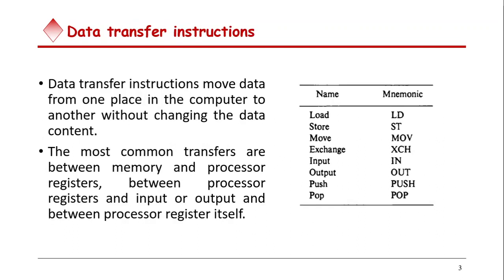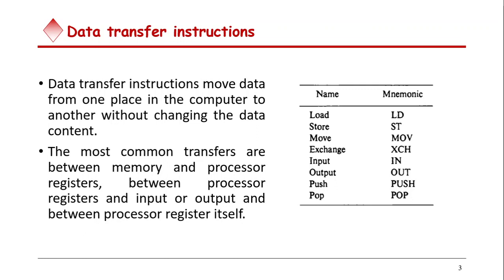Data transfer instructions move the data from one place to another place in the computer without changing the data content. The most common transfers are between the memory and processor register, between processor register and input or output, and between the processor registers themselves.